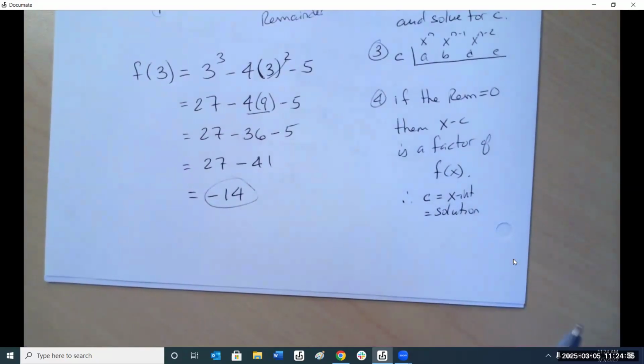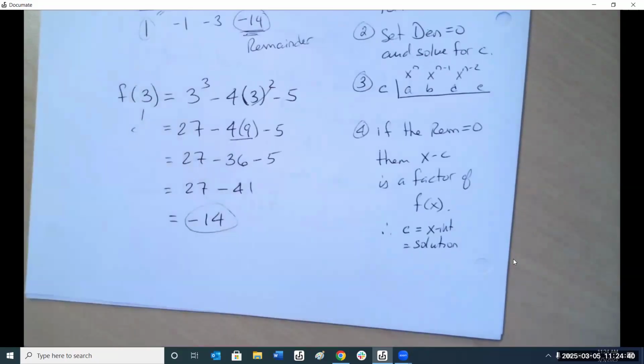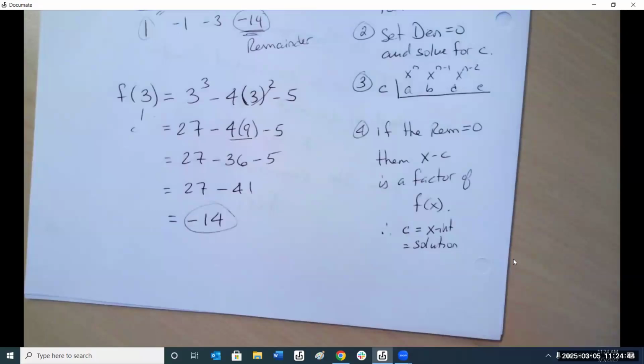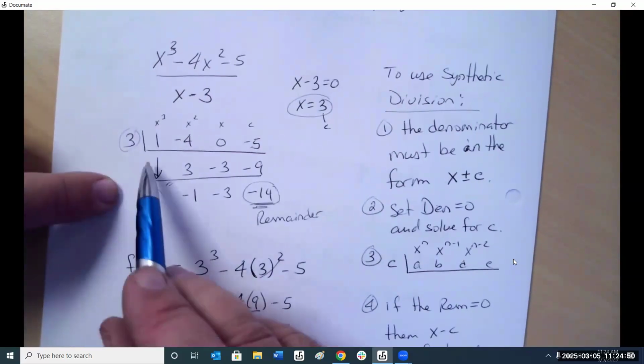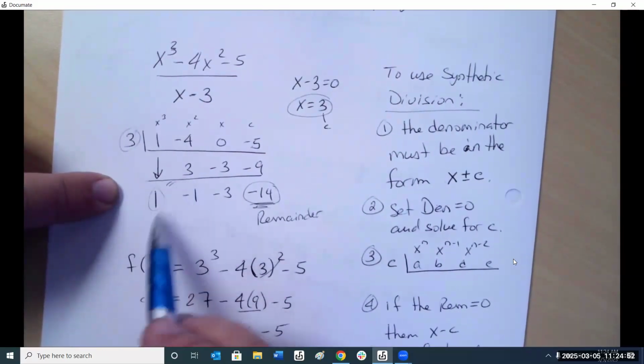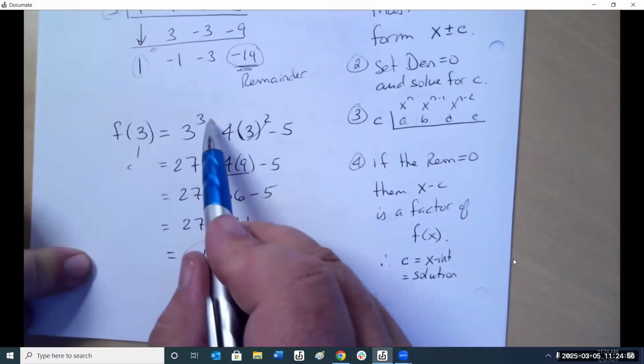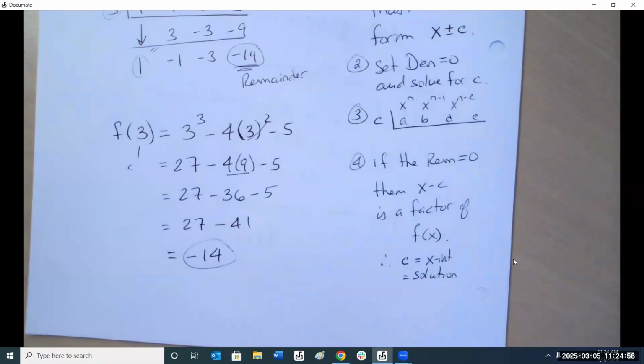So the remainder of using synthetic division at this c value is the same as plugging in the value in the equation. Which way is easier to do? Synthetic division is much easier because it's only multiplication, addition, multiplication, addition. This one, I've got to do 3 cubed, then 4 times 3 squared, a whole bunch of other moving parts.